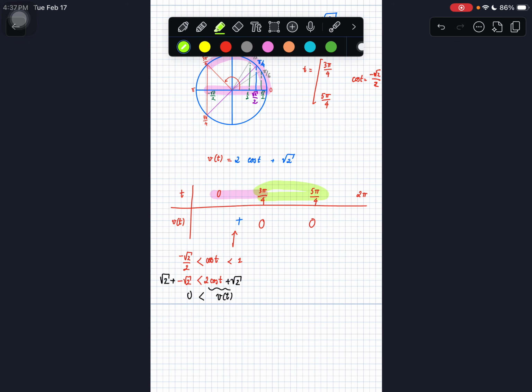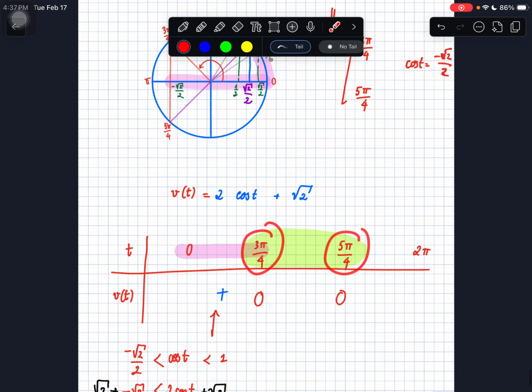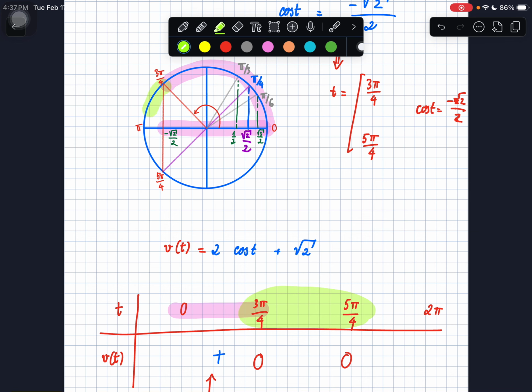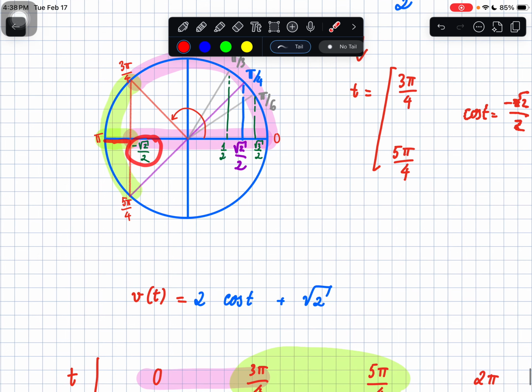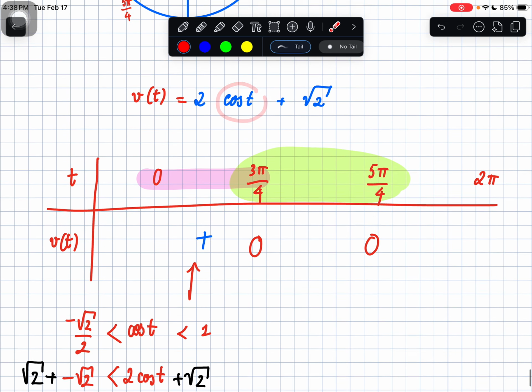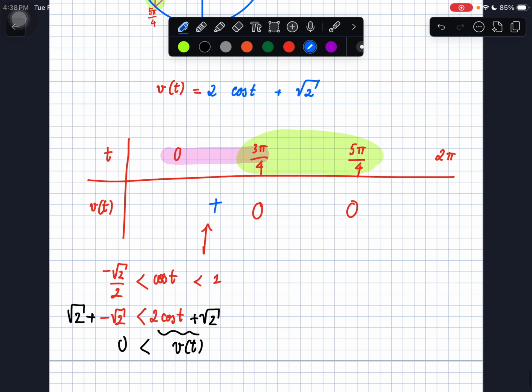Now let's look at this interval from 3 pi over 4 to 5 pi over 4. So we are talking about the angle t between here and here. And you see that the corresponding values for cosine are from minus root 2 over 2 down to minus 1. So in particular, cosine t is less than minus root 2 over 2.